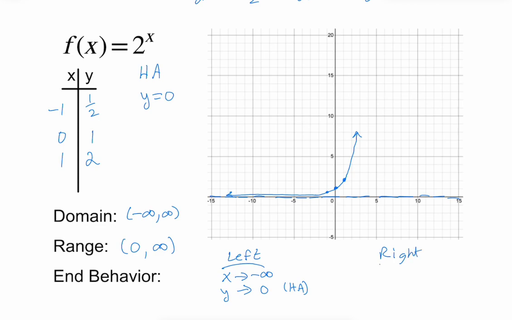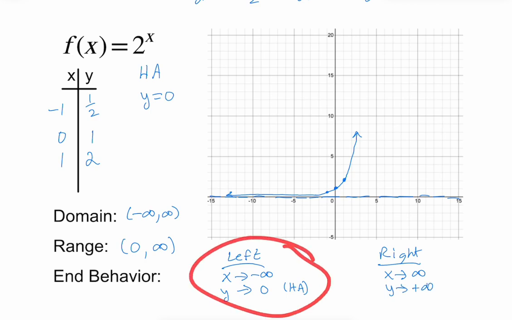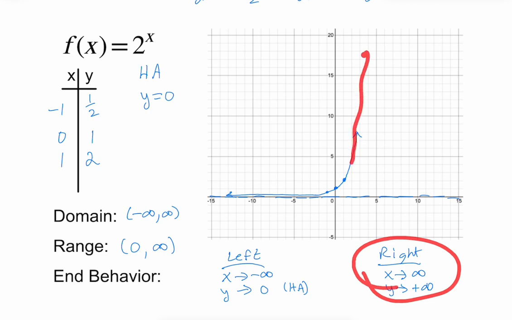And if you've discovered the one end that's going to the horizontal asymptote, the other end is always going to either positive or negative infinity, because it's going to swoop way up or swoop way down if it's flipped upside down. So here, as x goes to the right, that's positive infinity. Our y value is going up to positive infinity. So this is referring to the fact we are heading to 0. That's our horizontal asymptote. This is the fact that we are going up, up, up, way, way high.